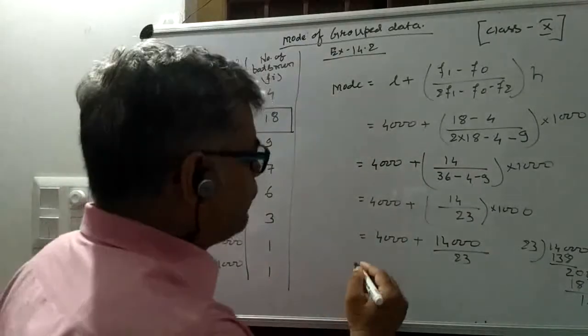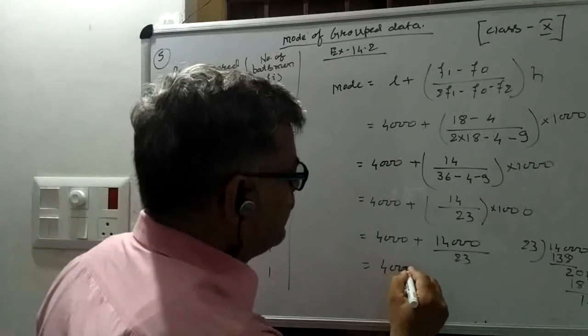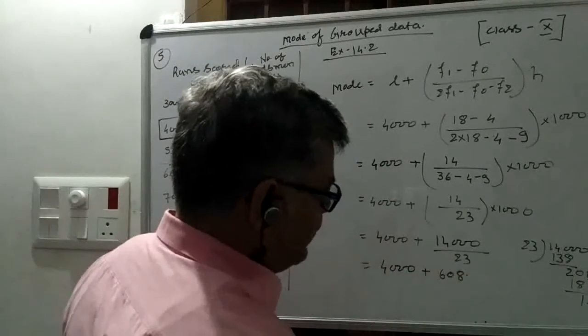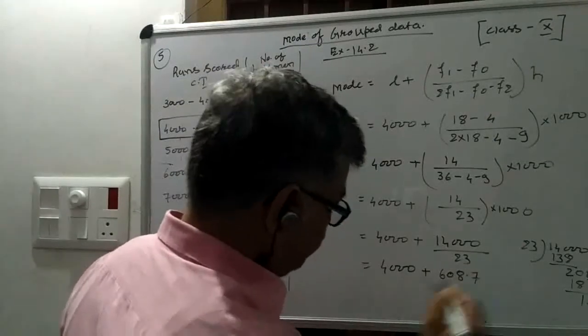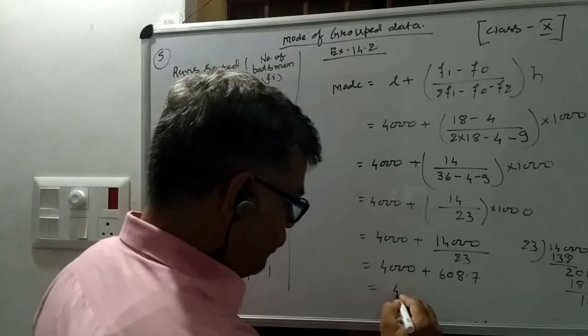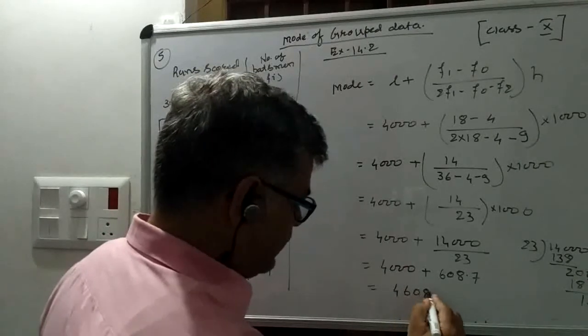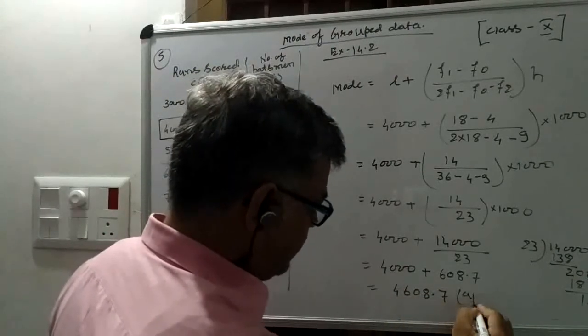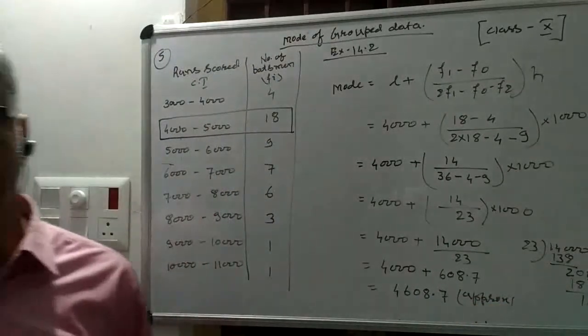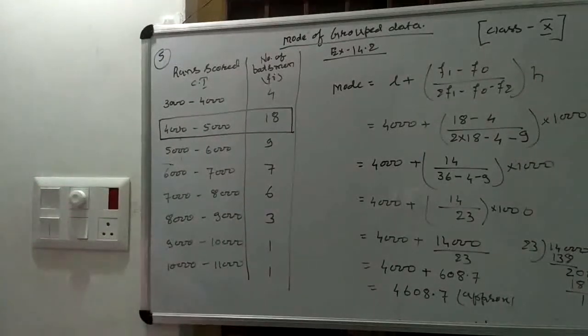So it will be 4,000 plus 608.7 approx. Your required answer will be 4608.7. This is approximate. When the value is in decimal, then you must write approx.